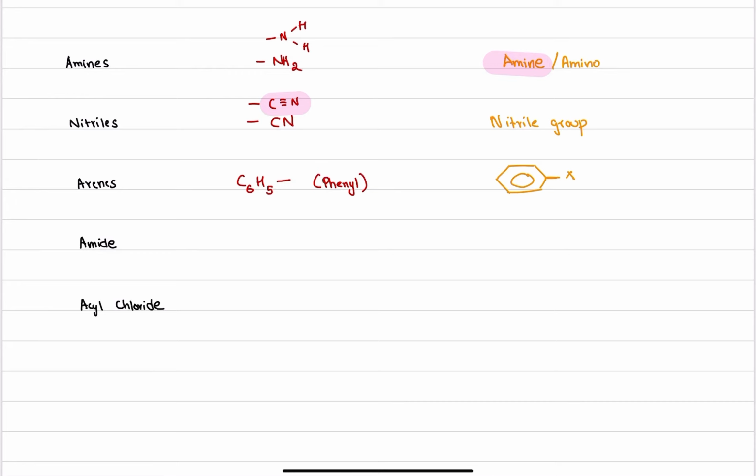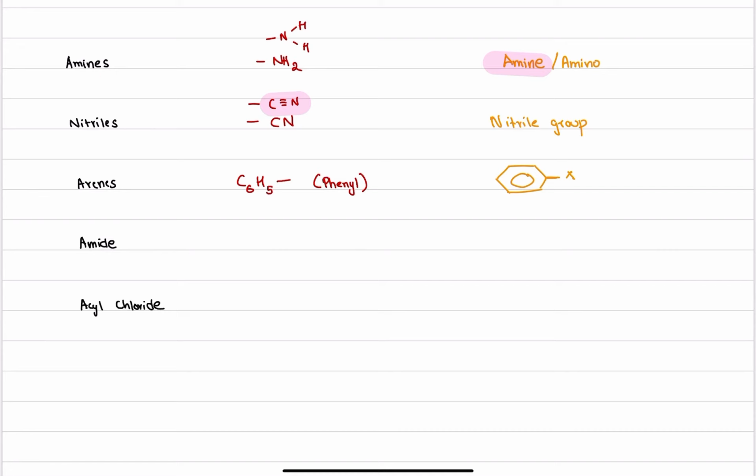So these are called our arenes. Now things will get clear one by one as we do more and more practice questions. So do not worry. All I want you to know at this point is to remember which combination of atoms corresponds to which homologous series.